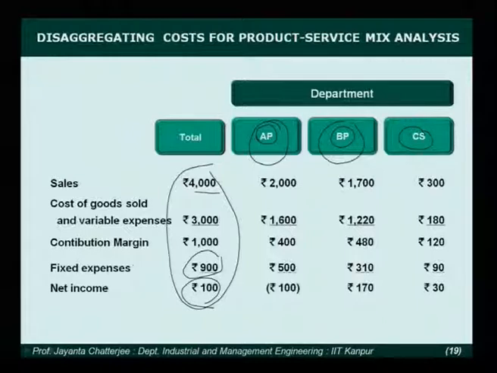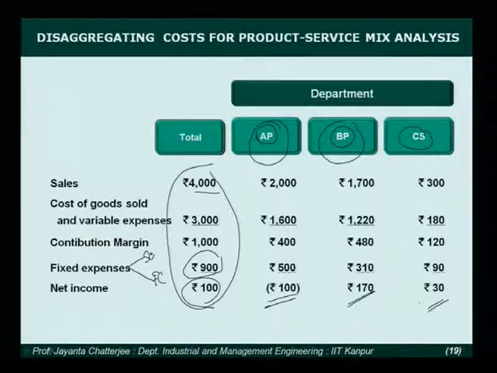So I mean here we can say this is just contribution and these are all the sunk costs and the fixed costs. Now this does not tell us what is happening by each business. So if we look here, one type of business which we call a product business, we can see there the net income is 100. The B product, the net income is 170, and the service business, the net income is 30.